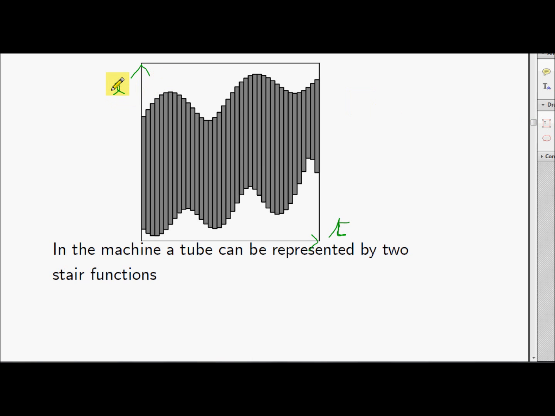So I will have many slices with a corresponding sampling of the time, a discretization of the time. So it is one possibility to represent a tube inside the machine.